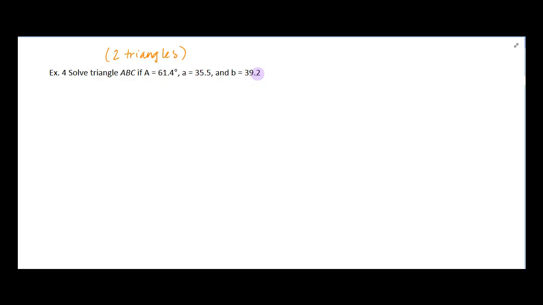So I want to find, again, all of the angles and all of the sides to be able to fill in the triangle. First, we're going to apply the law of sines to the known ratios that we are given.